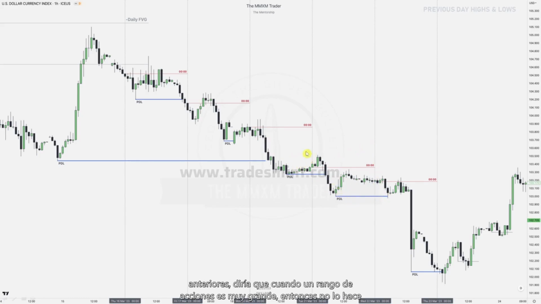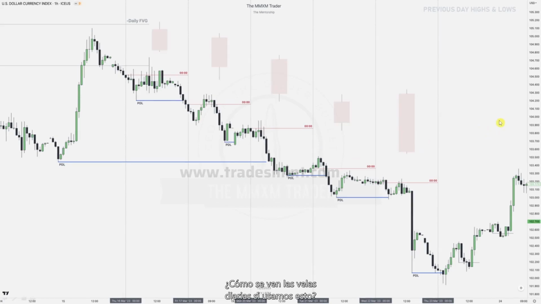I would say when Asia range is very large, right, then you don't necessarily have to trade above the New York midnight price. But over here, Asia range every time is quite small and ideal to trade above New York midnight price. So how do the daily candles look like if we utilize this?